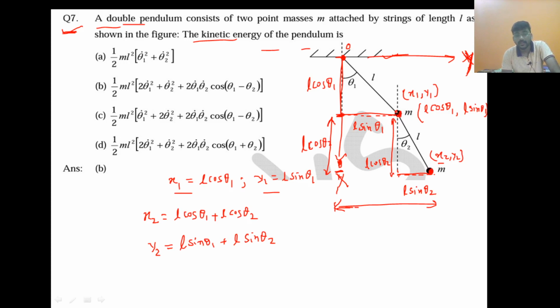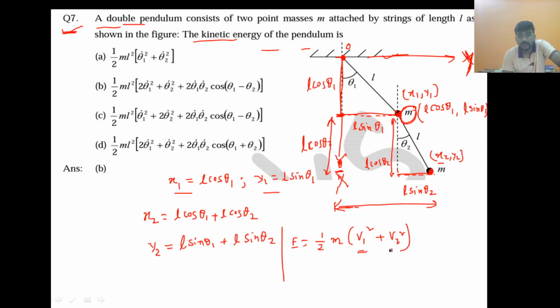So the total kinetic energy will be half m v1 square for the first mass, where v1 is the velocity of this mass, plus half m v2 square for the second mass, where v2 is its velocity.